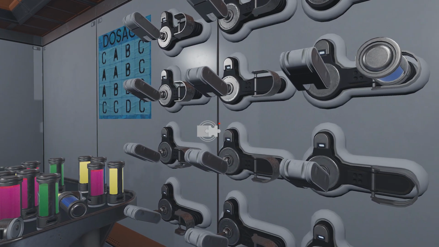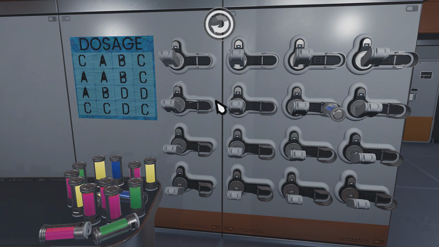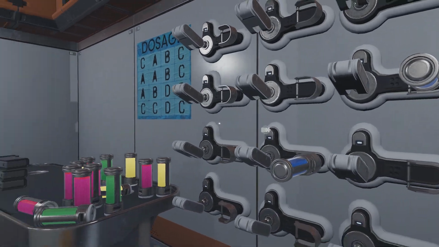Okay. Oh, well, I guess I can do some, right? Because if blue is B, that means that this blue can go here, assuming I can't move this one yet. And then this blue would go there.